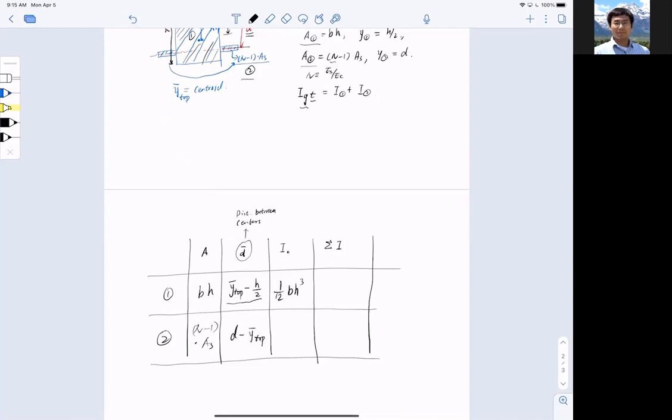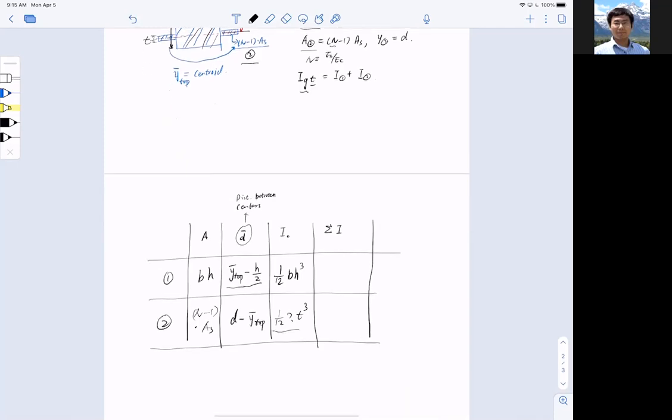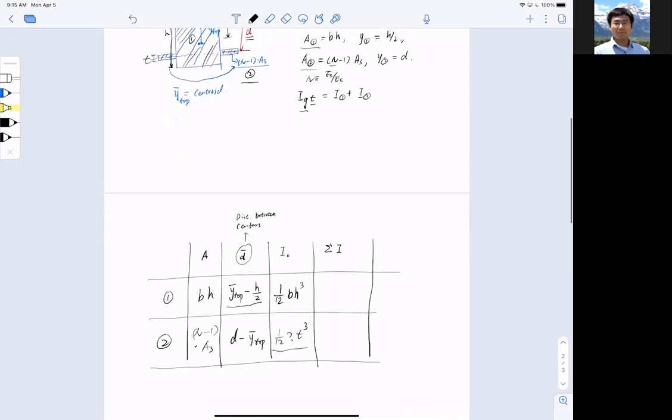Okay, for 2 has to be little strips, right? So it's going to be 1/12, and whole width, we don't know the width, just put a question mark here, but it's going to be very tiny strips, right? And let's call the tiny strip thickness t. Okay, so this is t to the power of 3. All right, so this is a little bit awkward because I don't know the width of this whole section, n minus 1 As.